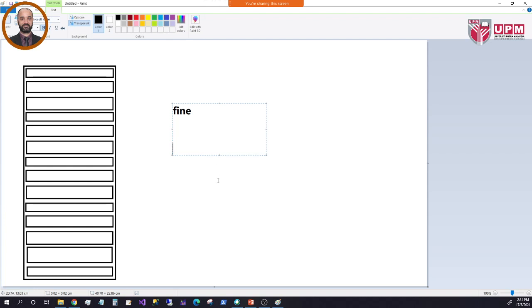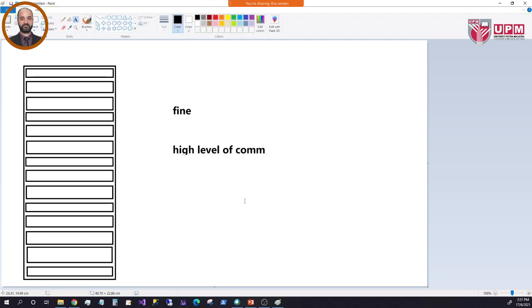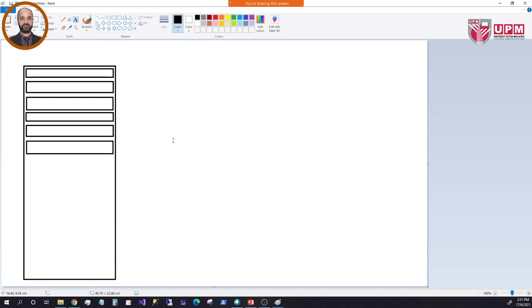But we need a high level of communication. In the previous case, the granularity is coarse, but the level of communication is very low. So this is the difference between fine granularity and coarse granularity.